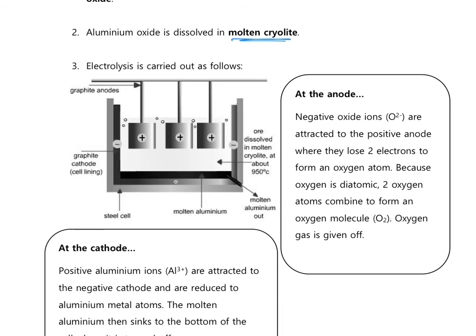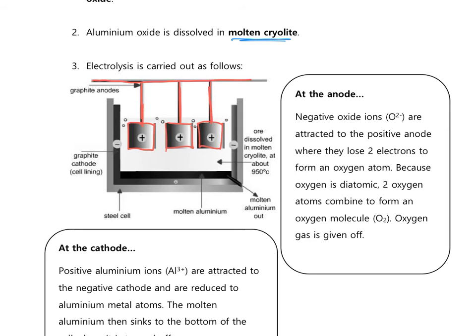So you'll see that the diagram looks very, very different for the electrolysis of aluminium. And you would never be asked to draw this. You may be asked to recognise it, but not to draw it. If you notice, the anodes are here. There's multiple anodes coming down here. So they look a different shape, and there are also multiple of them, and they're hanging down.